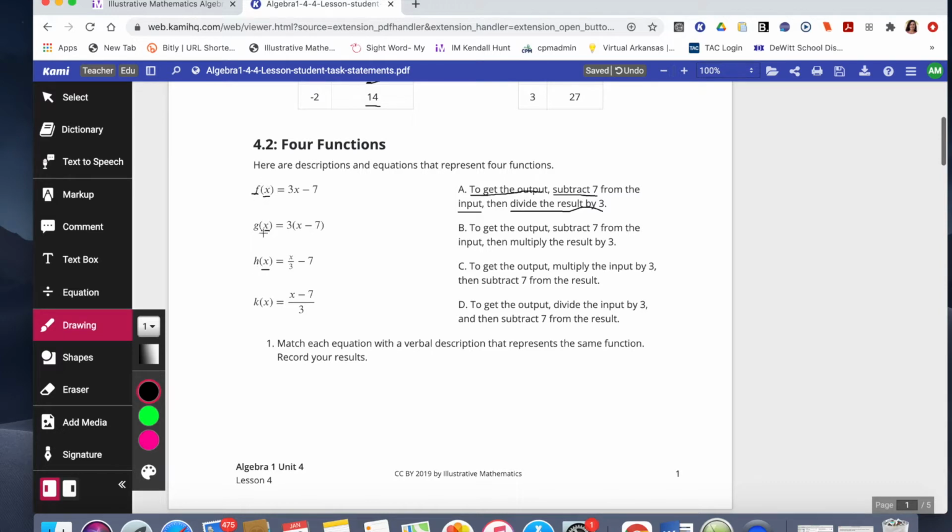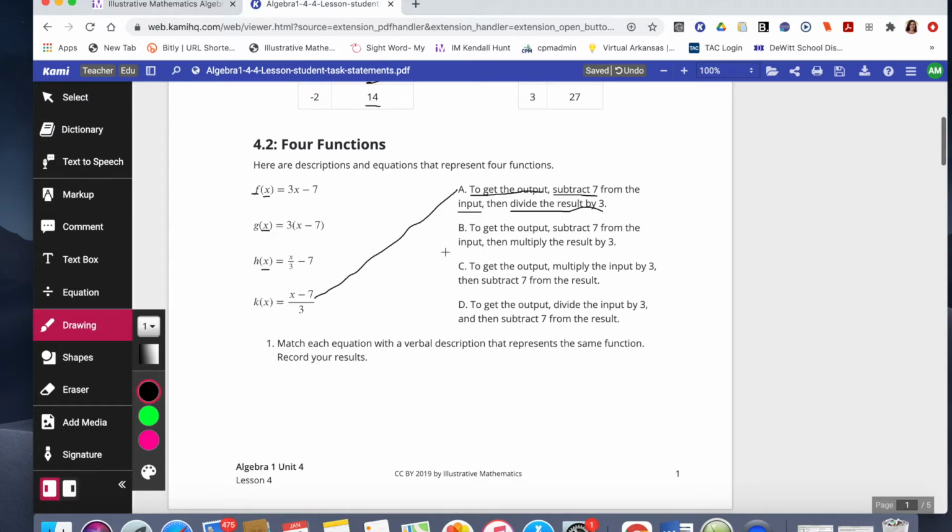What's in parentheses here is the input, and then what it equals is the output. So I have to take x and subtract 7 from it, and then divide by 3. So looking at these, it would have to be k, the last one, because I take x, the input, subtract 7, then divide the whole thing by 3.